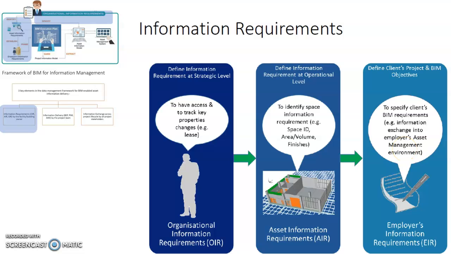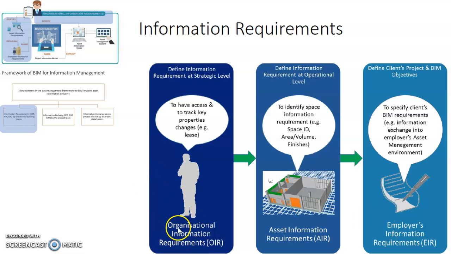Or very simply, the owner wants to make sure that the new shopping center's aircon efficiency is at a certain level, to meet, for example, the green plan that the company is trying to roll out. We'll be going into detail on the OIR, the AIR and the EIR in the next few slides.